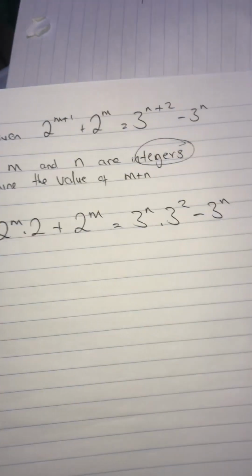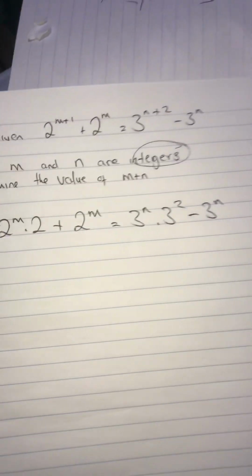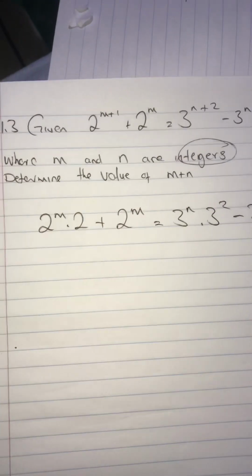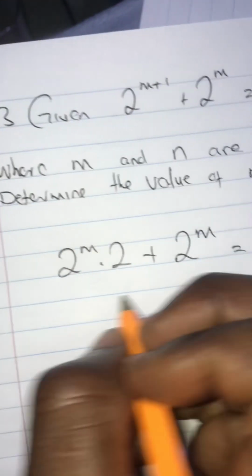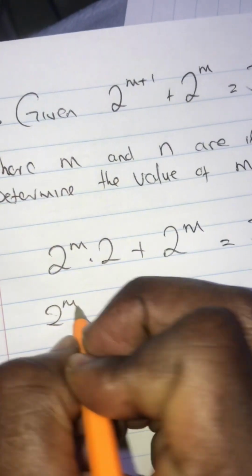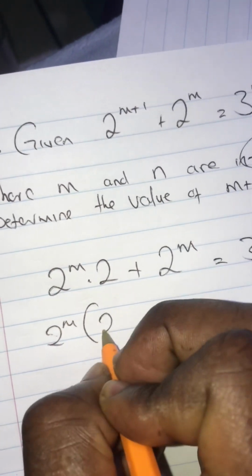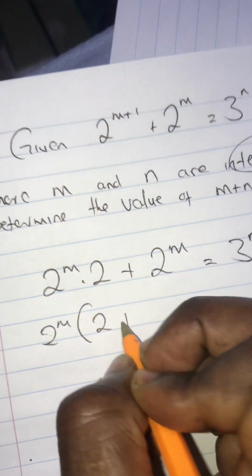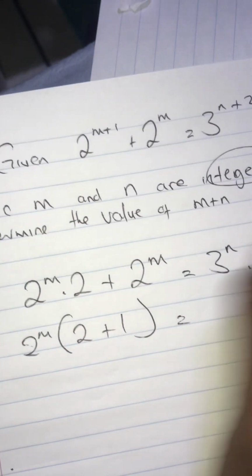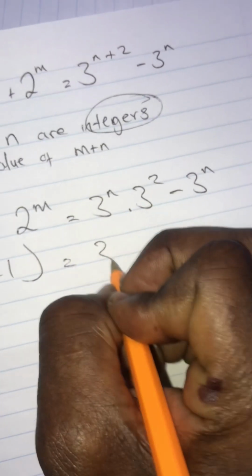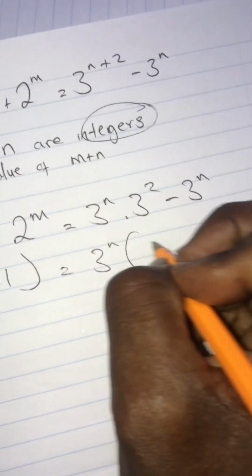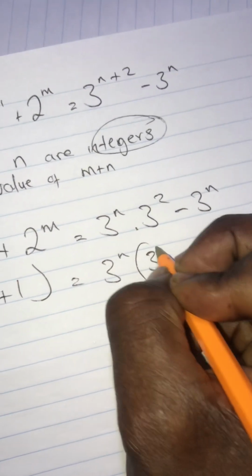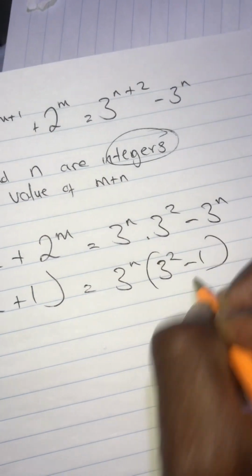You see what I did here? I reversed the first rule of exponents. Now I can take out my common factor, 2^m, which remains with 2 plus 1, equals my common factor 3^n, and I'm left with 3 squared minus 1.